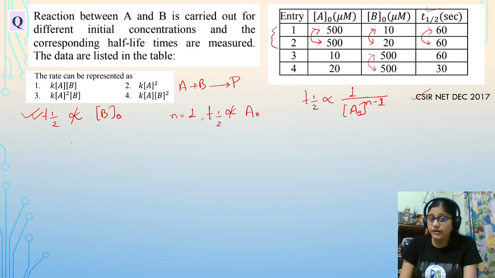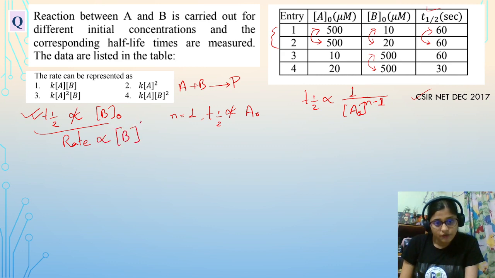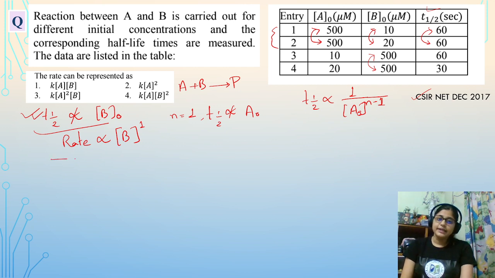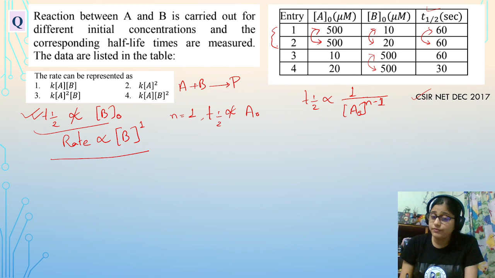So we can say the reaction is first order with respect to B. So the reaction rate will depend on the B0 concentration to the power 1. We can easily conclude that from entry number 1 and 2.